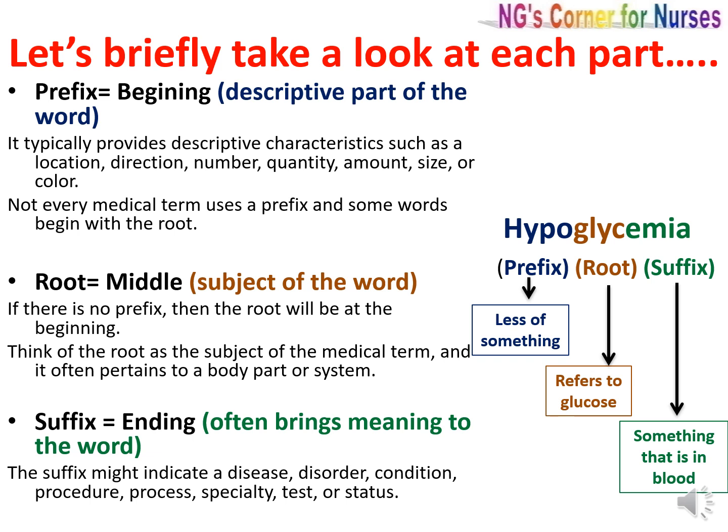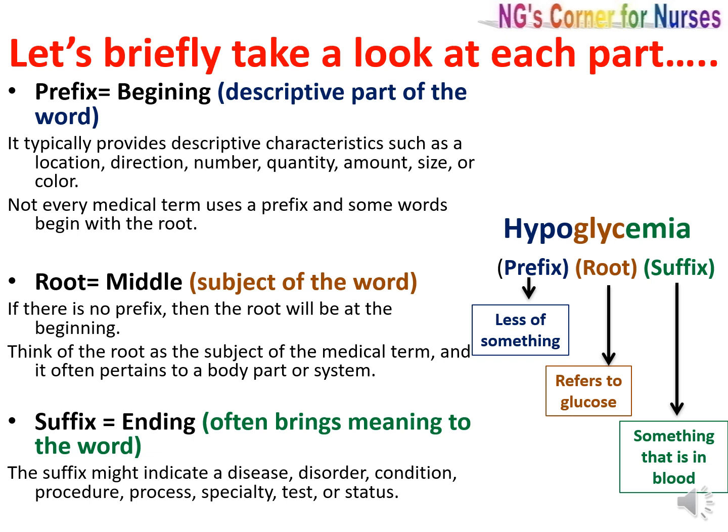Okay. Next part is root or the middle part. It is the subject of the word. That means it gives the medical term its core meaning. If there is no prefix, then the root will be at the beginning. And think of the root as the subject of the medical term, and it often pertains to a body part or system.